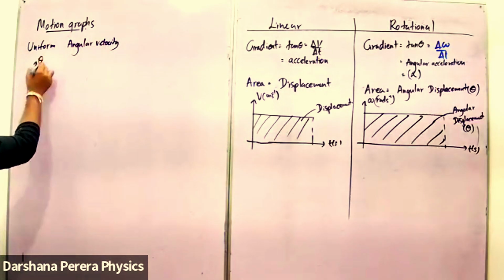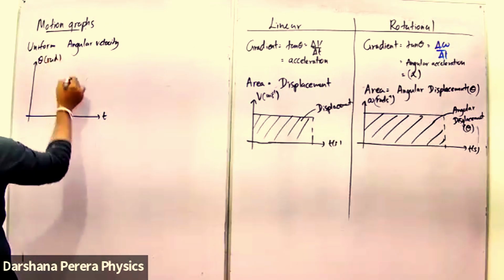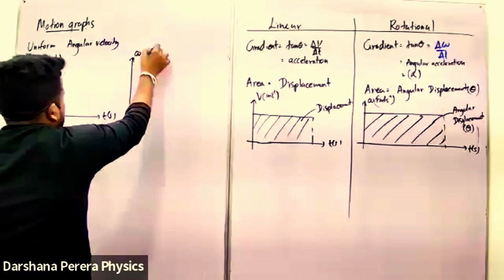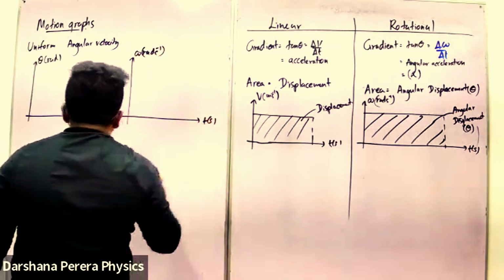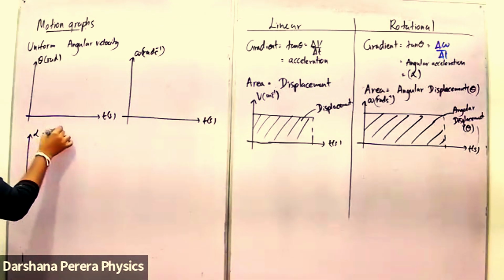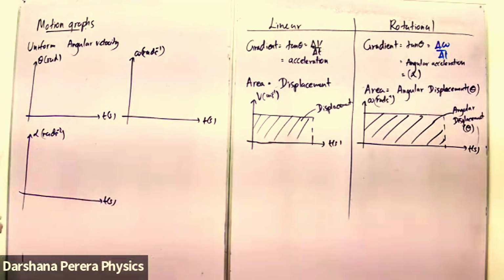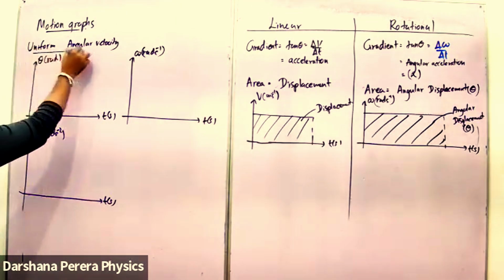How to draw the theta t, omega t, alpha t graphs for uniform angular velocity? Write down. Draw quickly.